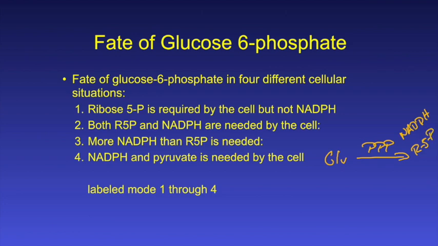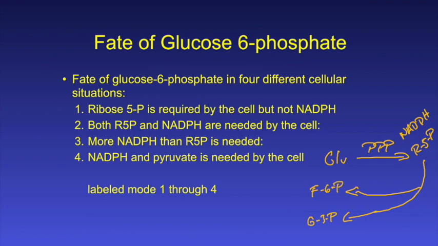But we just learned that if I do the non-oxidative reactions, I'm going to be able to get glyceraldehyde 3-phosphate and fructose 6-phosphate.